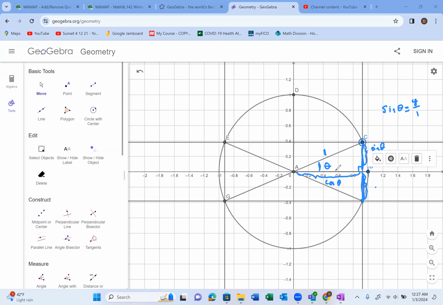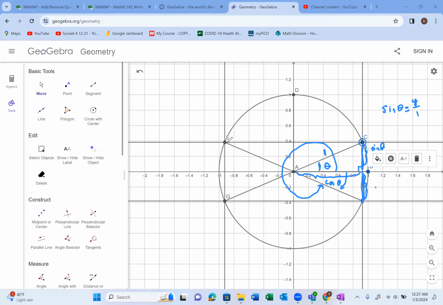If I had my angle start at the origin and go all the way around to there, I would say that that sine value is the exact same as the sine of theta, but it's just going to be negative instead of positive because it's the same vertical height. It's just negative because it's in the second quadrant. Or if I measured my angle going in the negative direction, I'd have that same angle, but it's going to be a negative value.